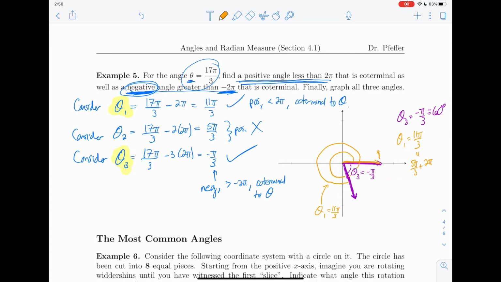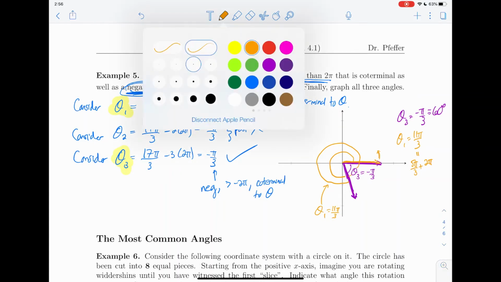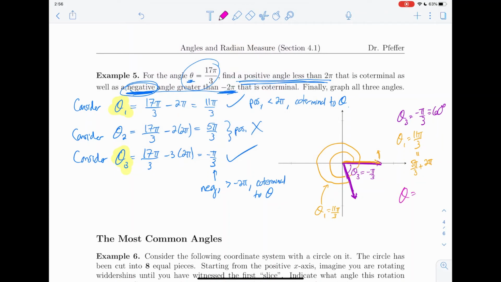The last angle that we might want to draw is theta, which is going to be, maybe we'll put it in pink. Theta is 17 pi over 3, which, based on our math that we've done so far, we recognize that this can be rewritten as 5 pi over 3 plus 2 full revolutions. This is going to look a little bit messy, so maybe instead of drawing it on top of the one that's given, I'll draw a little mini version over here. What's going to happen here is we're going to start facing in that direction.